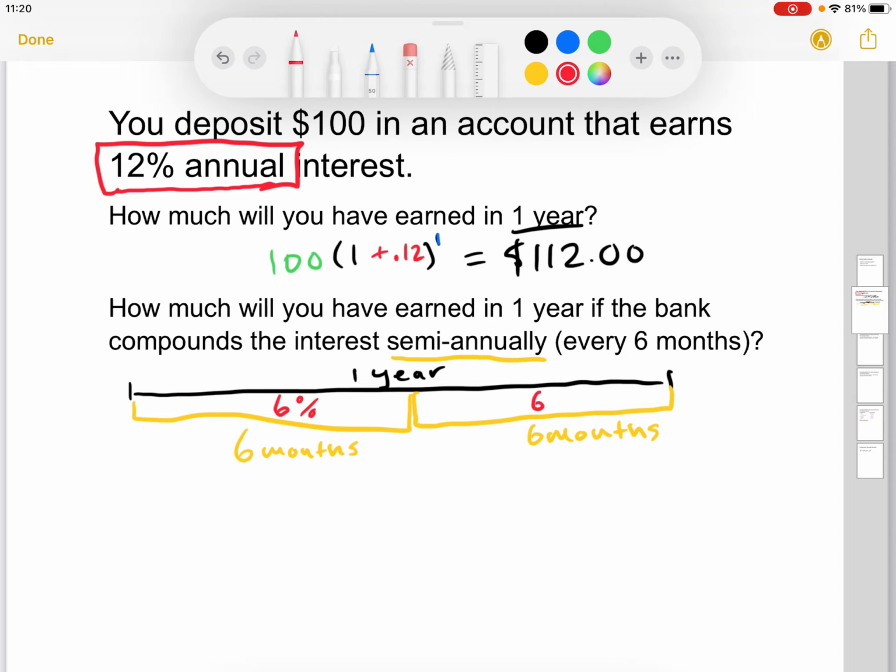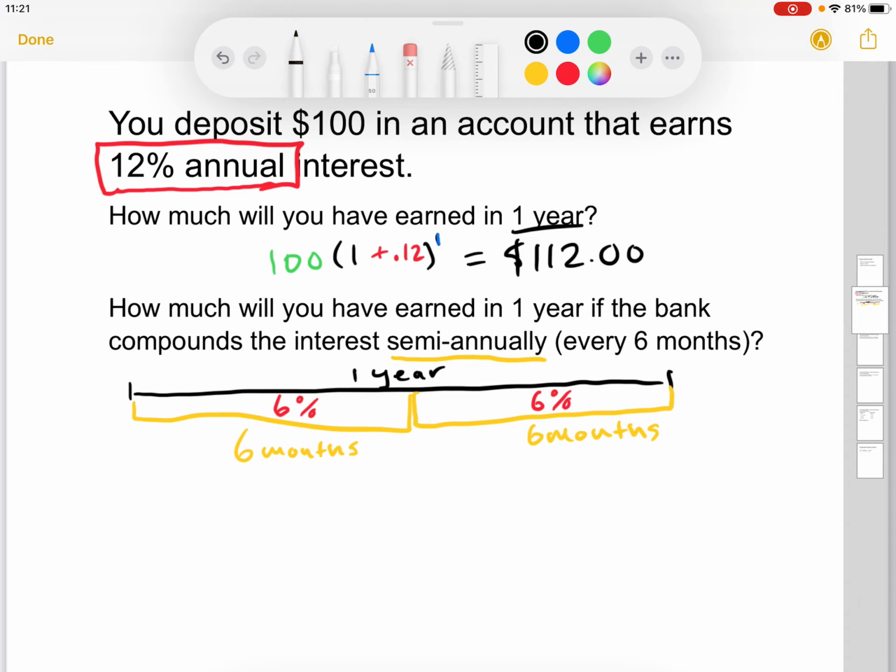And in the second 6 months, we are going to get 6%. Now, if you think about this quickly, you'll say, oh, this is going to give me that same $112, but I'm going to get $6 in my first 6 months and then $6 in my second 6 months instead of all $12 at the end of the year.